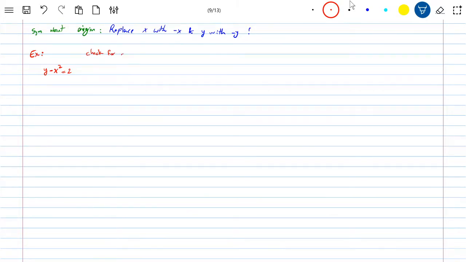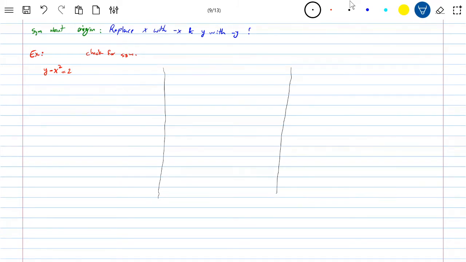If you can graph the equation, it's much easier to discuss, but it would be more work. So here I'm going to check through all three cases. Is it symmetric about the x-axis? Is it symmetric about the y-axis or the origin?